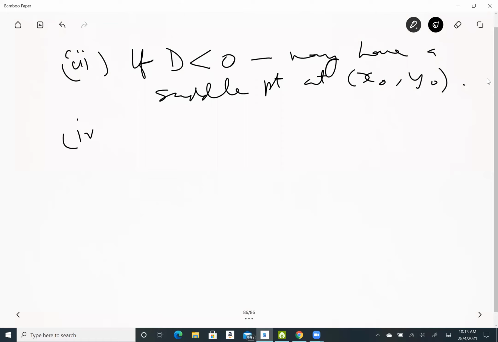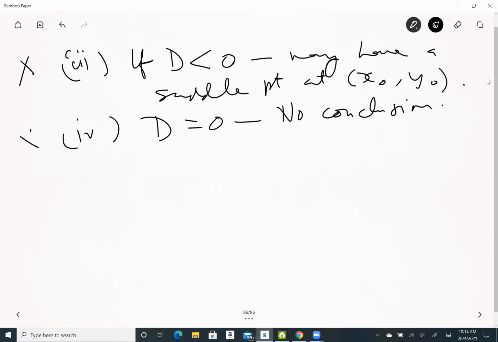And the last case would be if the D is equal to 0 at the critical point. And then again here, we cannot say anything. We cannot say whether it's a maximum, a minimum, or a saddle point, with no conclusion. But case number 3 and case number 4 are not important. Most important is 1 and 2.